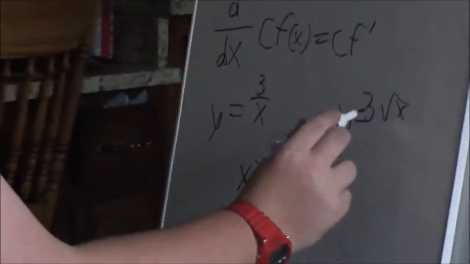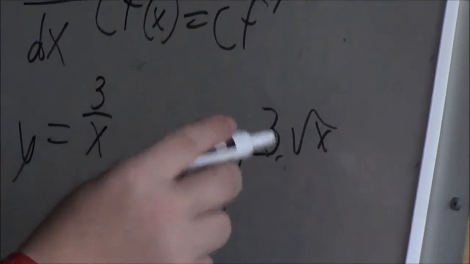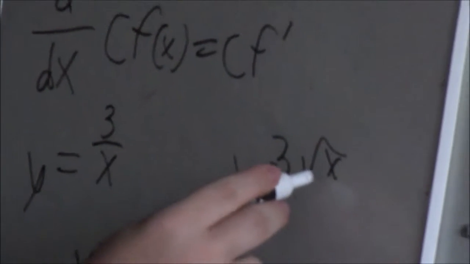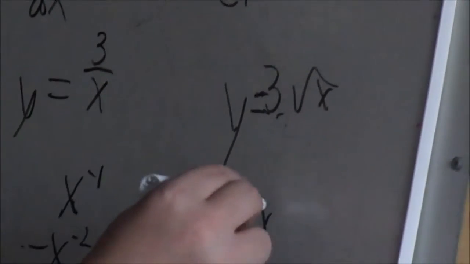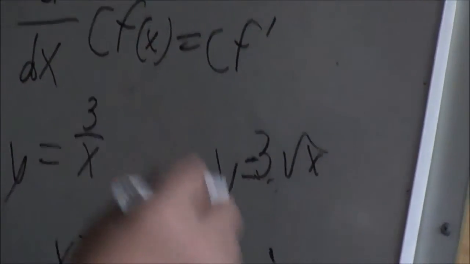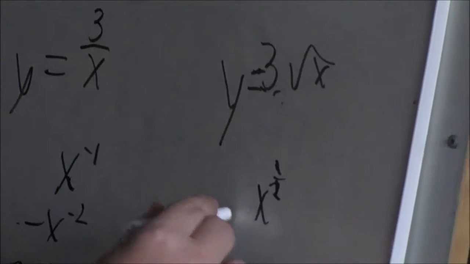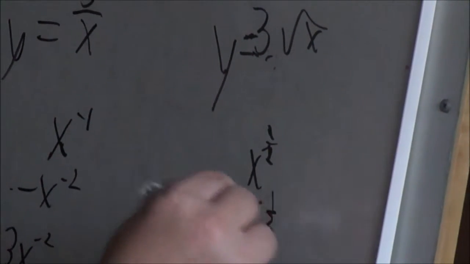That's right. Okay. So, again, since it's a constant, you don't need to worry about that until the end. So, change the square root of x into an exponent, and you have x to 1/2. Then you find the derivative of that, which would be 1 over 2x to the negative 1/2.